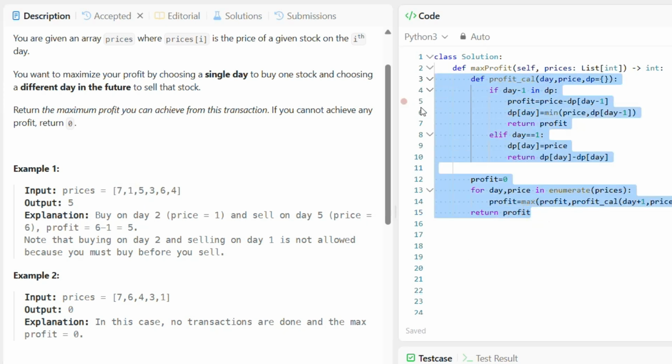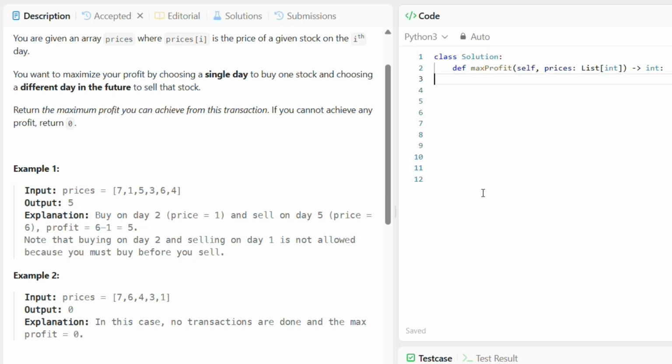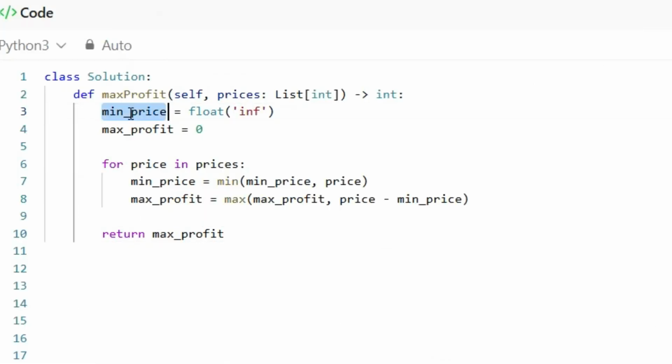So we are deleting this and maintaining the other code. See, I am assigning the minimum price to the float of infinity, so plus infinity, and the maximum profit I am making 0, because we are suppressing negative values. For price in prices, we take the current price and the minimal price.